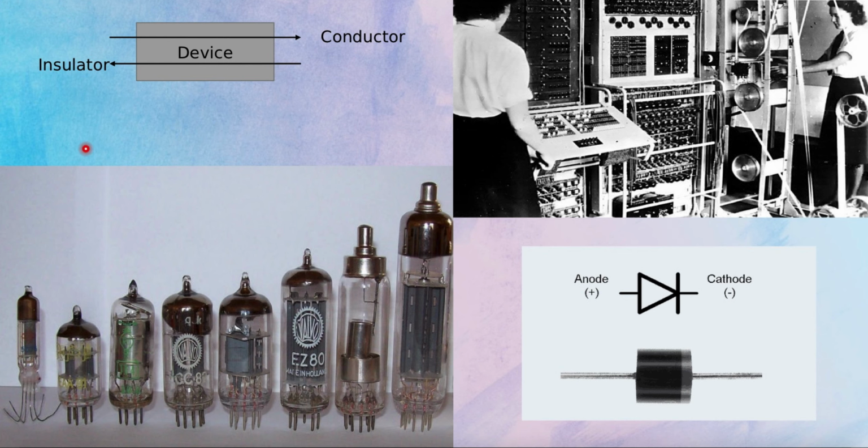It was able to conduct in one direction and act as insulator in the other direction. But look at the size of these semiconductor devices. So think, if we have to put in millions of these semiconductor devices to make a computer, then what's the size of a computer?